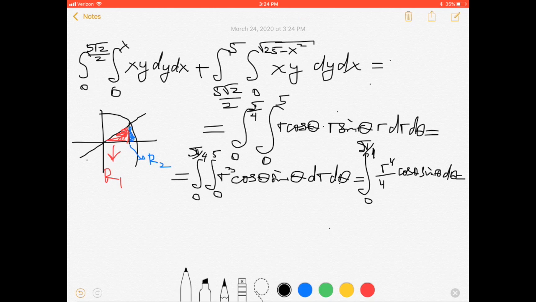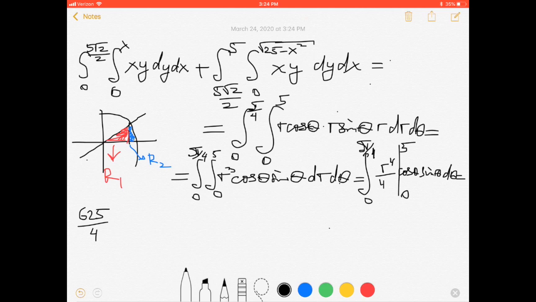Equal, and here we need to plug in numbers from 0 to 5. It will be 625 over 4 times the integral of cosine theta sine theta.